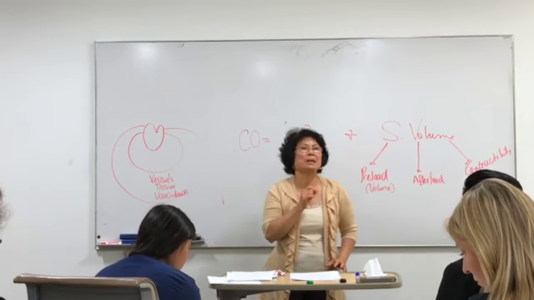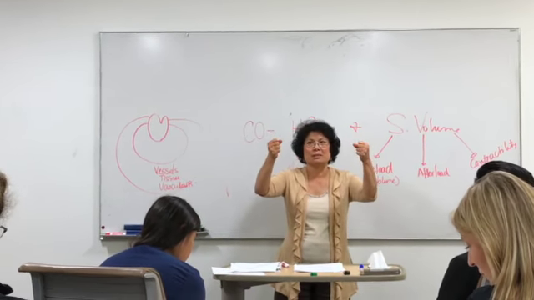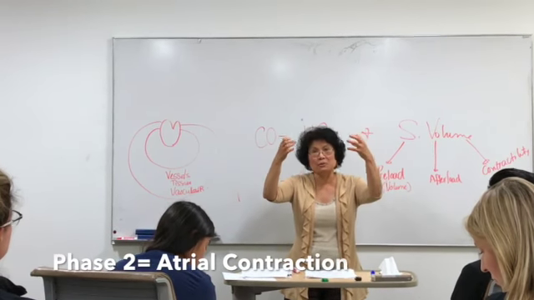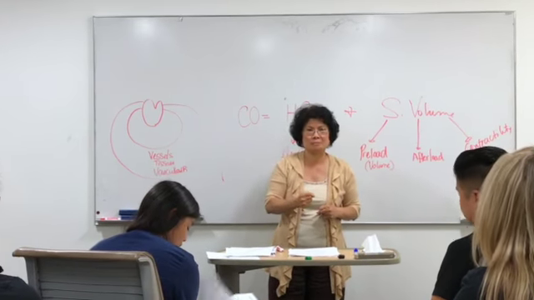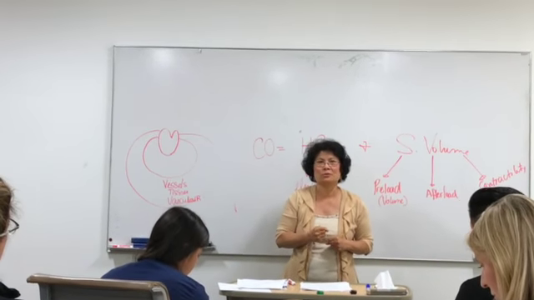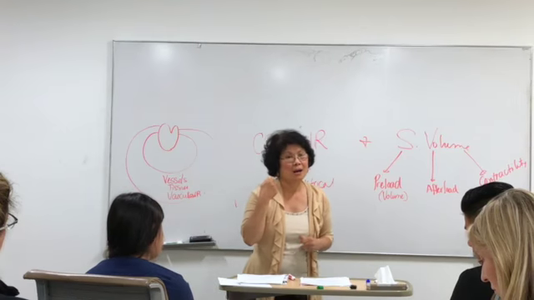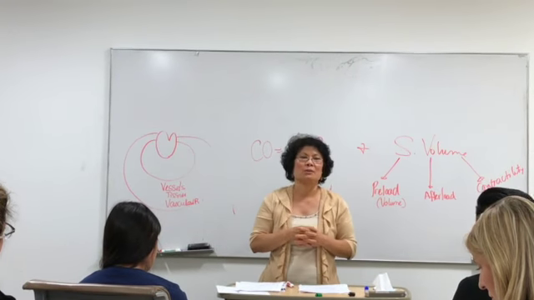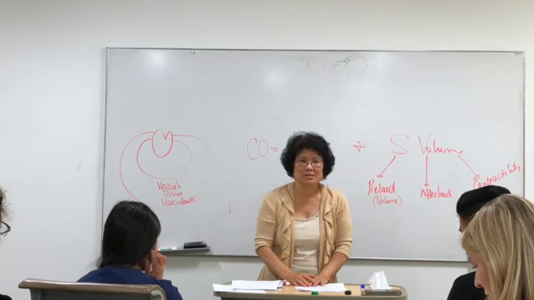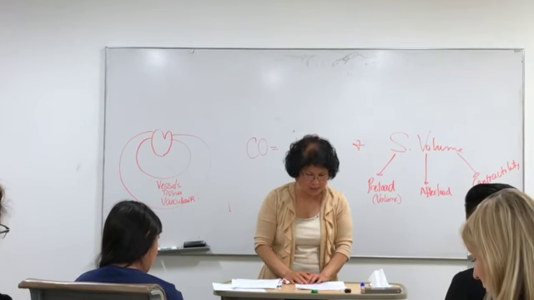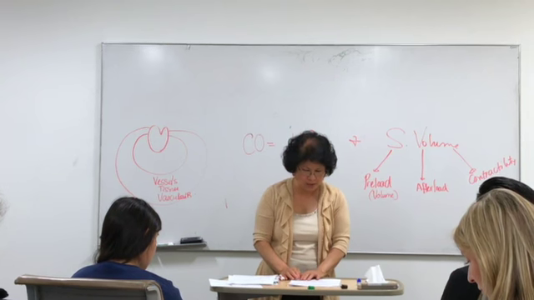And phase 2 is basically the actual atrial systole, where the atria contract. The remaining 25% is being pushed down so that you can attain, as much as we hope, 100% of atrial systole. So those are the two phases of atrial systole.